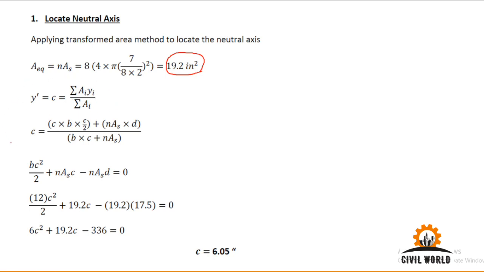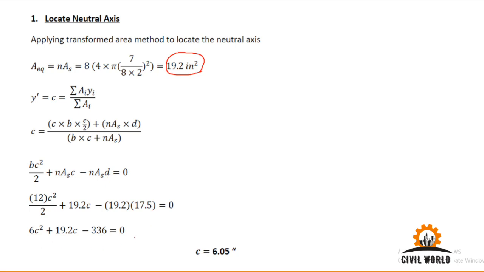This simplification has already been discussed in previous slides. So you have this equation: bc squared divided by 2 plus nAs c minus nAs into d. Now you have the value for b, the width of the beam, which is 12. nAs is 19.2. d, the effective depth, is 17.5.